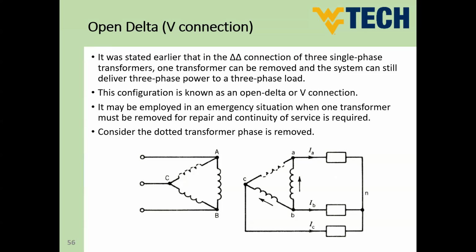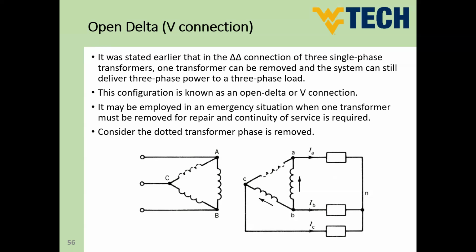And we mentioned that we have some other special connections, like zigzag connection, like open ends connection, and one of the special connections also, guys, called open delta connection or V connection. So what is V or open delta connection?